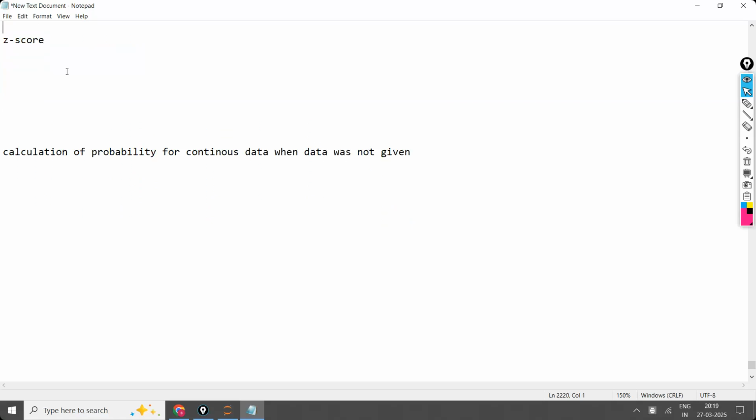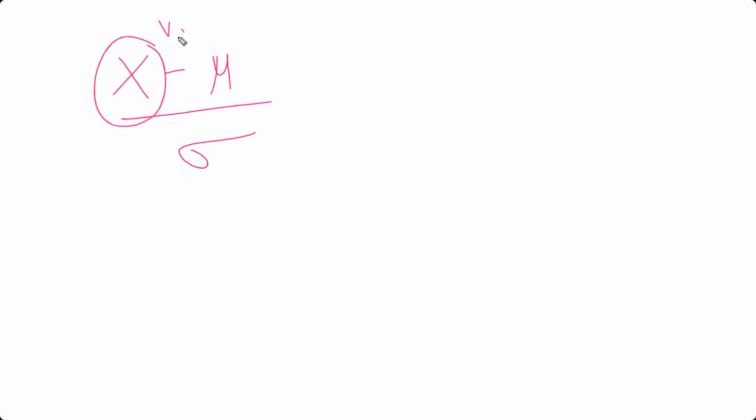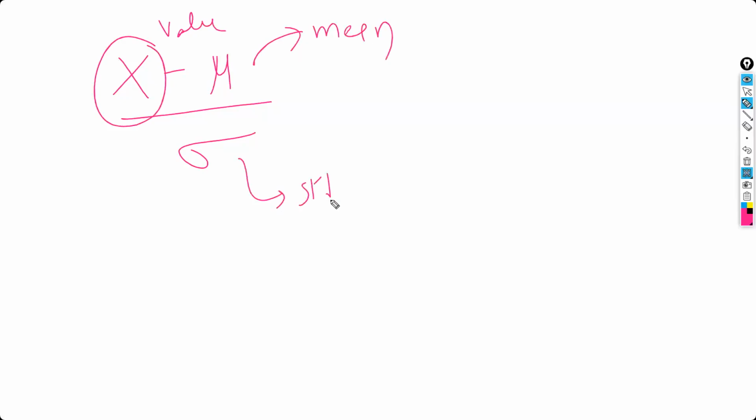Now what is z-score? Z-score means converting a value to x minus mu divided by sigma, where x is the value, mu is the mean, and sigma is the standard deviation. Is the point clear?